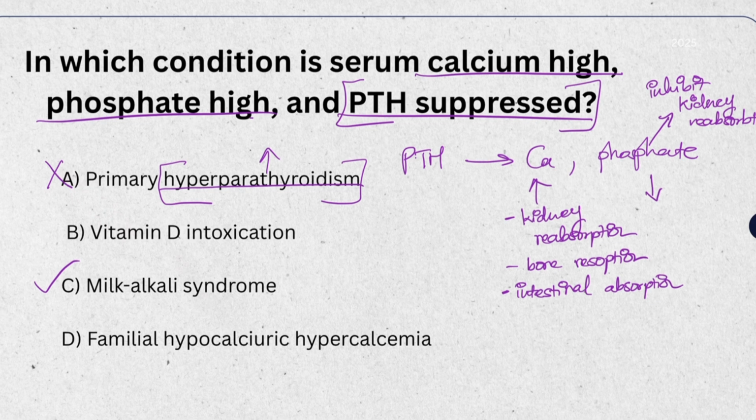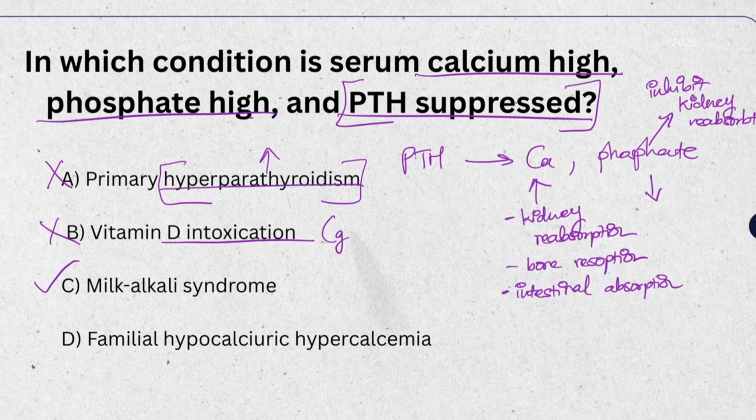Now, vitamin D intoxication is also not the answer because in vitamin D intoxication, there would usually be an association of granulomatous diseases, such as sarcoidosis. Let me explain this.